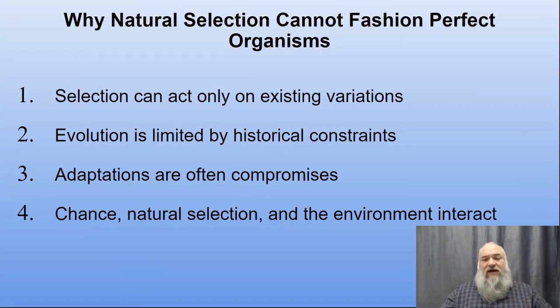And evolution is limited by historical constraints. So if growing wings was beneficial, you ever wonder why a lot of birds and bats have 2 legs and wings as opposed to 4 legs and wings? It's because their ancestors had 4 legs. They were 4-legged, crawling around the ground critters.